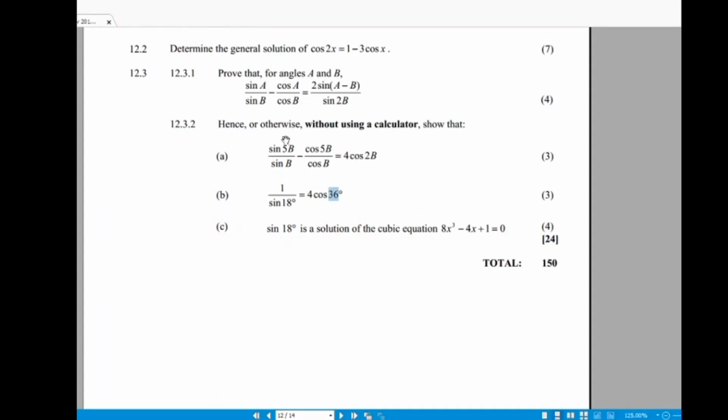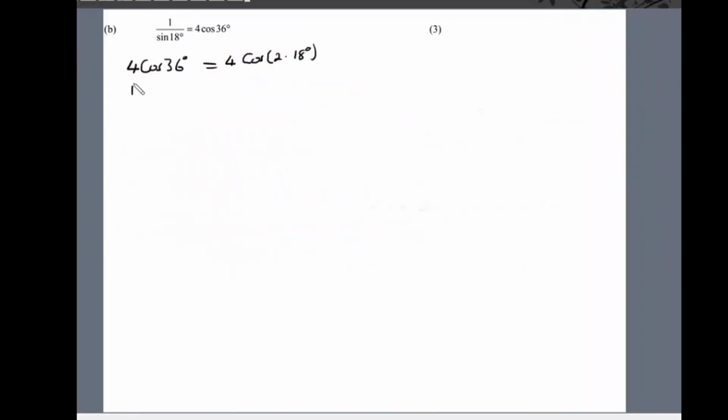So there, in place of B, we have 18 degrees. So from question A, B is equal to 18 degrees, right?